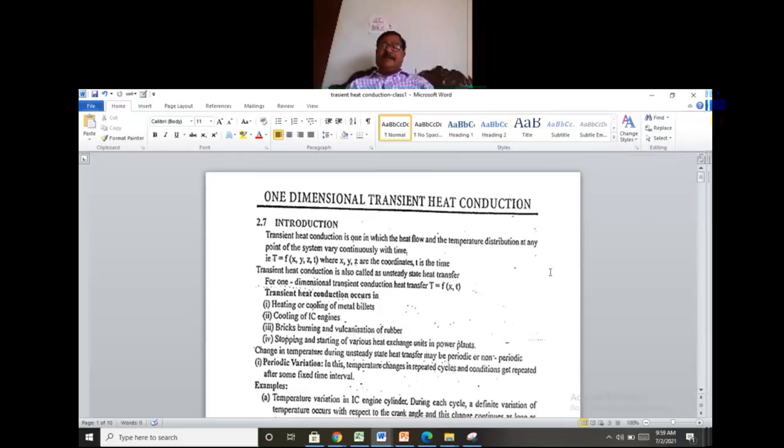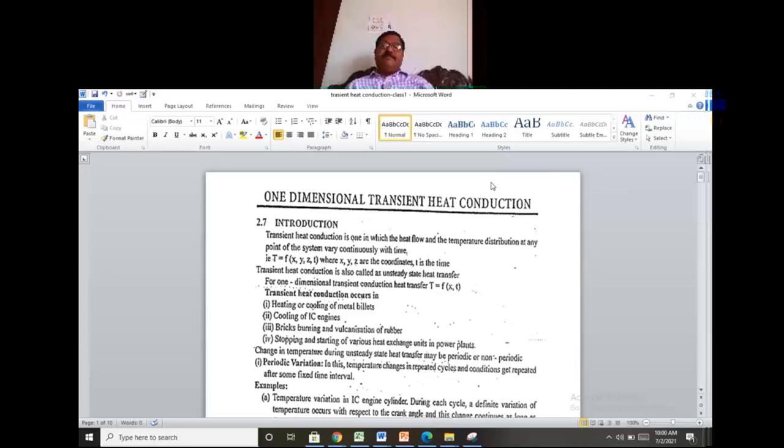Today, after this, the extended surfaces like fins. In the extended surfaces, you have derived the steady state heat conduction in the various cross sections of the fins. Various cross sections, maybe the triangular cross section, maybe the circular cross section, or maybe the rectangular cross section fins.